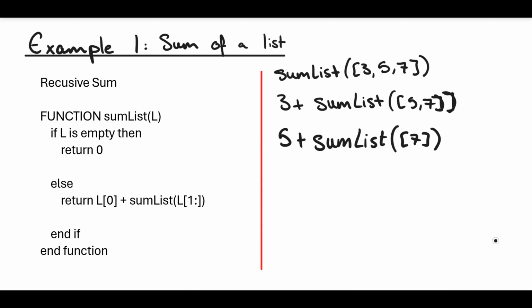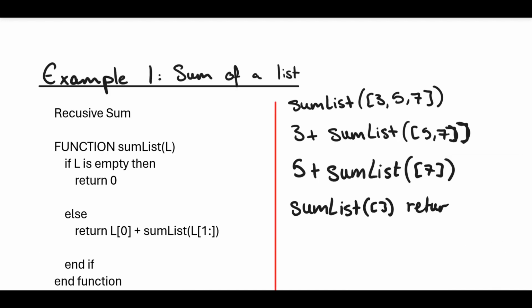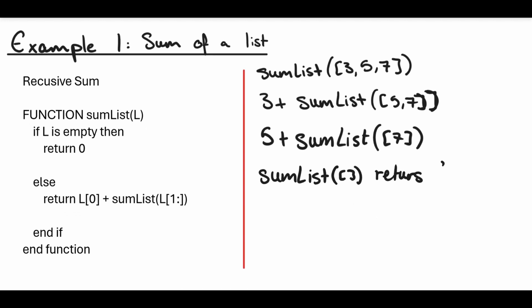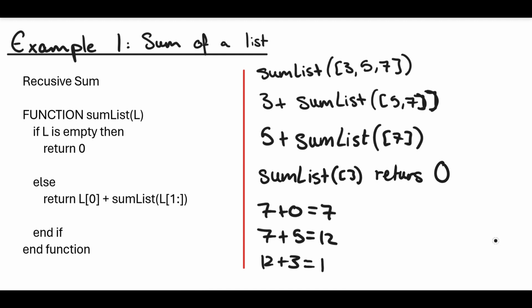And sum list with nothing left inside of our brackets returns 0. Now when we work backwards, 7 plus 0 is 7, 7 plus 5 is 12, and 12 plus 3 is equal to 15. So when we put in sum list 3, 5, 7, we get 15 as our total sum.